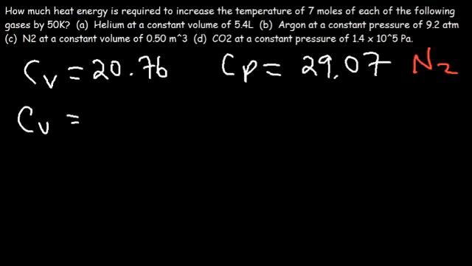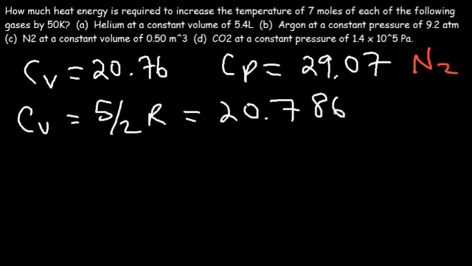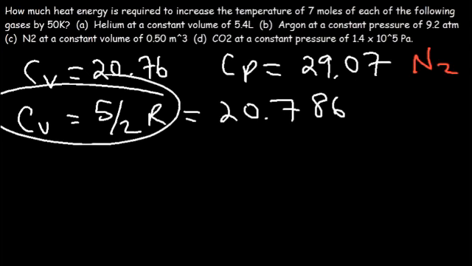So for a diatomic gas, we said it's 5/2 times R. So if you take 8.3145 multiplied by 5 and divided by 2, this is going to give you 20.786, which we calculated earlier. And as you can see, it's not exactly the same, but it's still pretty close. So for monoatomic gases and diatomic gases, you can use these equations to get a good approximation.